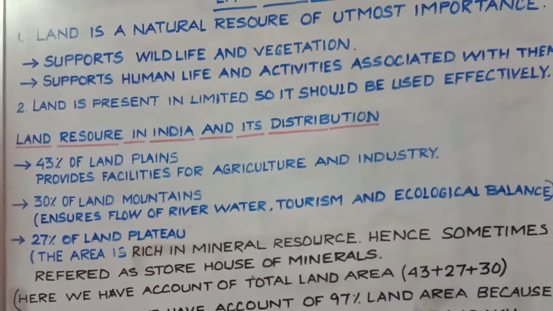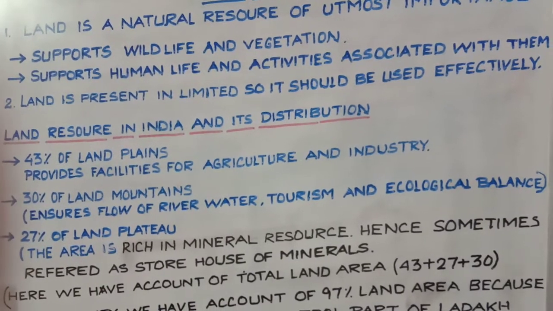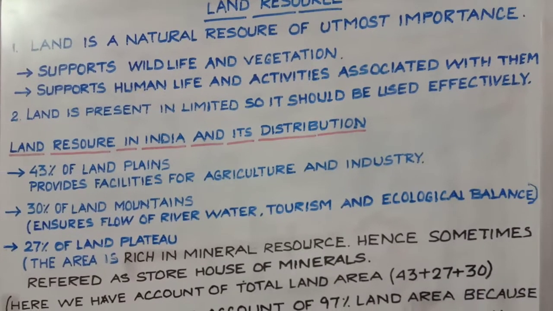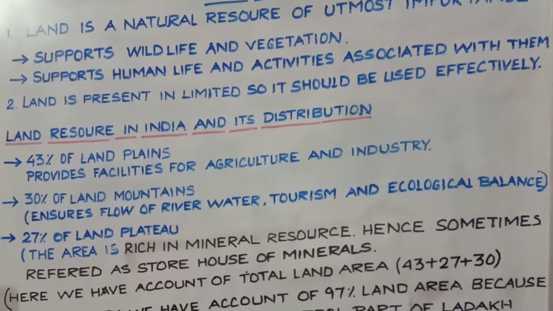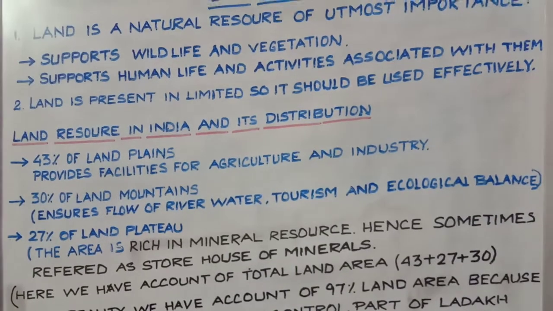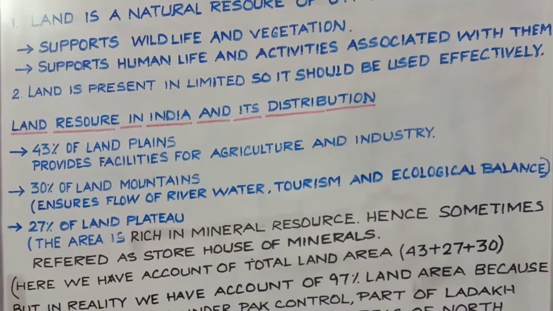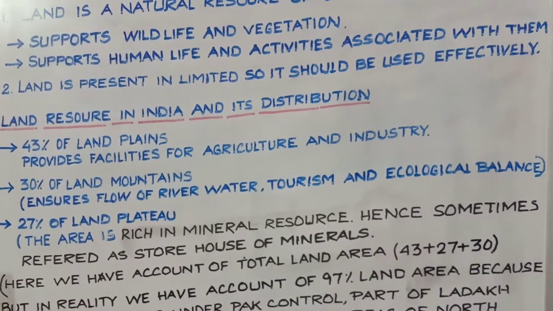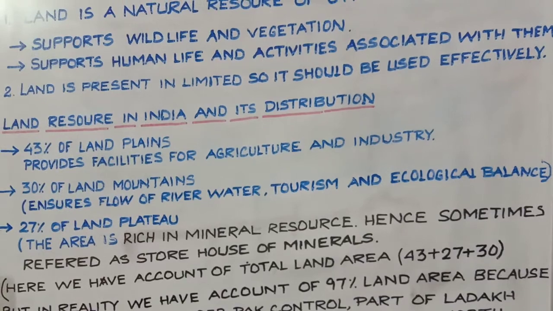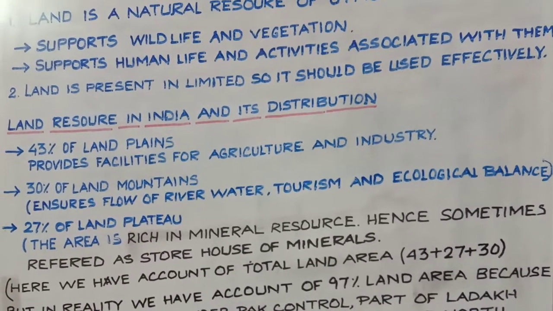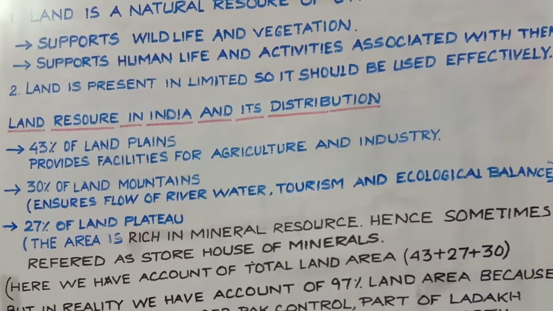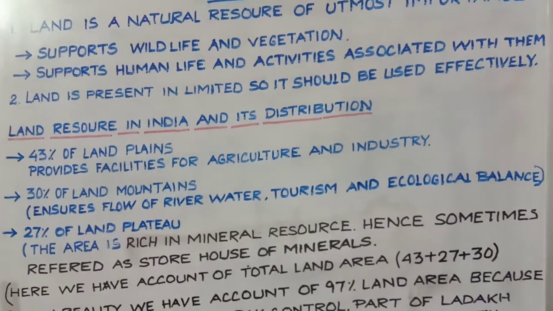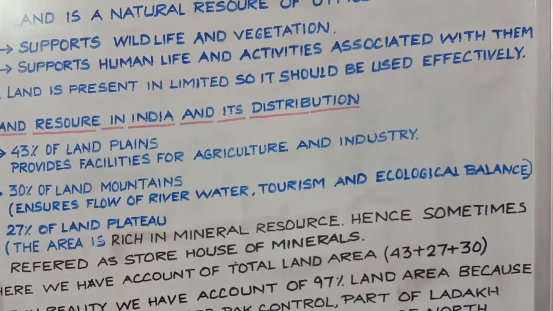Now let's understand land resource in India and how it's distributed all over the country. If we see the land area of India, 43% of the land is plains. It provides facilities for agriculture and industry. So this 43% of the total area is plain land, and this plain land is utilized for agriculture and for industry purpose.